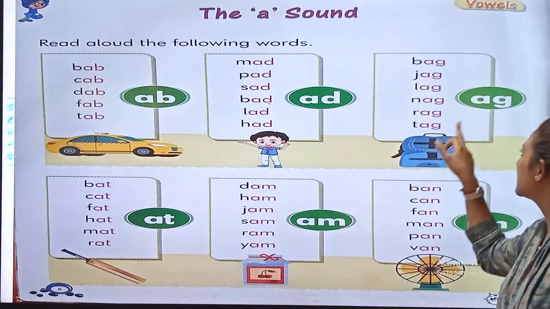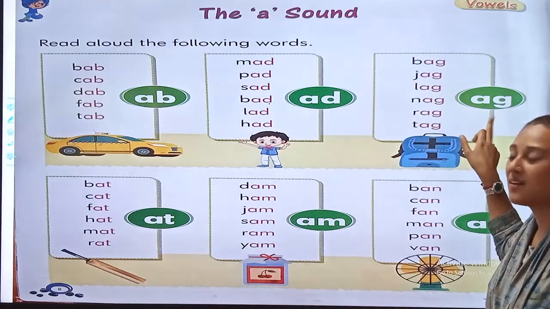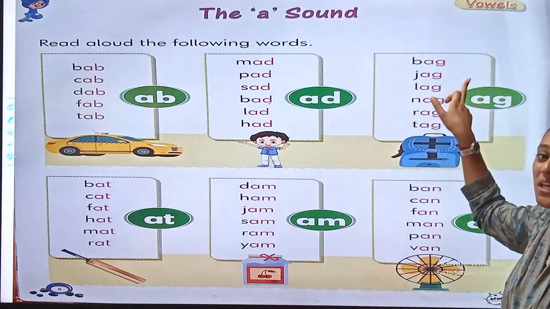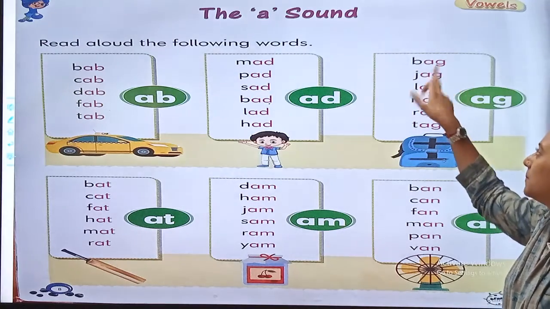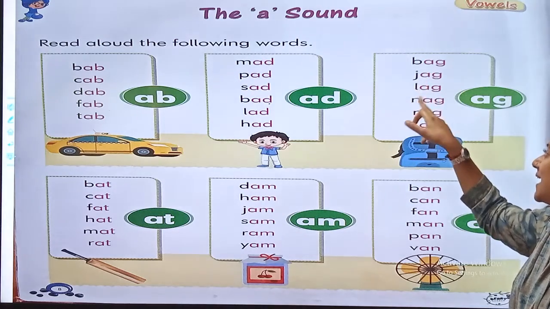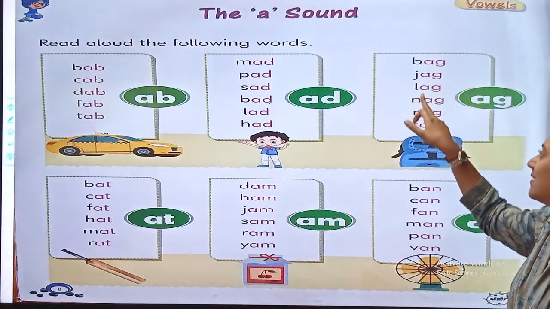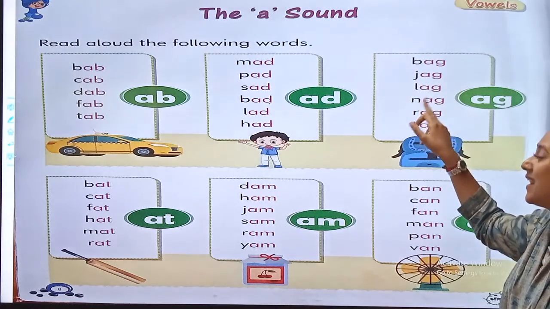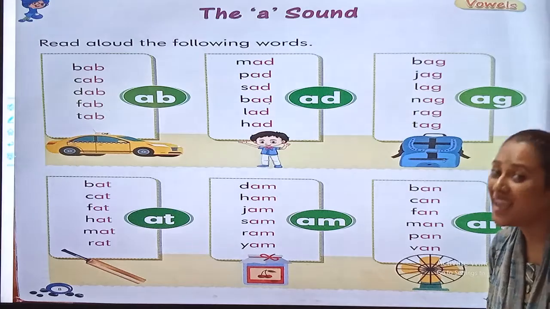Next one is A-G, egg. A-G, egg. So here B-A-G, bag. B-A-G, bag. J-A-G, jag. J-A-G, jag. L-A-G, lag.